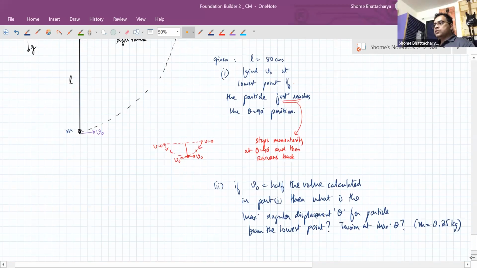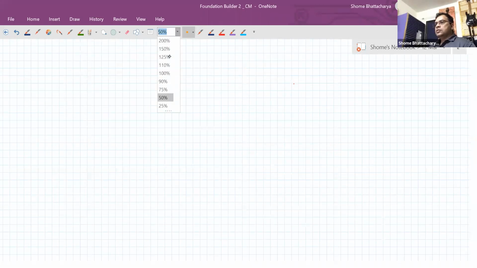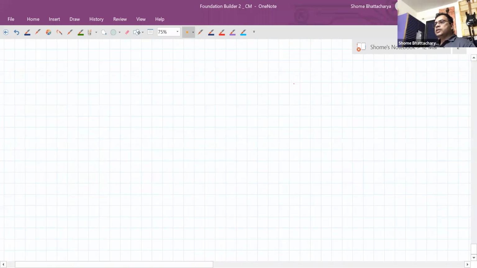Okay, so let's look at the first part. If I'm giving it sufficient velocity that it reaches the 90-degree position from here, that means when it reaches the 90-degree position, it should come to rest, because it's just about reaching there.